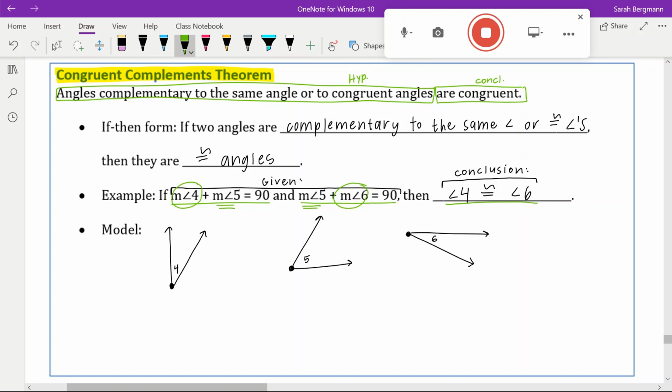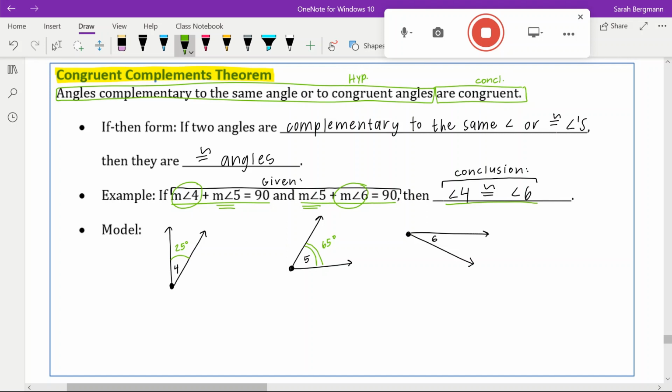Similar to the last example, let's say angle 4 is a 25-degree angle and angle 5 is a 65-degree angle. Angle 4 and angle 5 are complementary. They add up to 90 with their measures. Now let's also say that I know angle 5 and angle 6 are complementary.